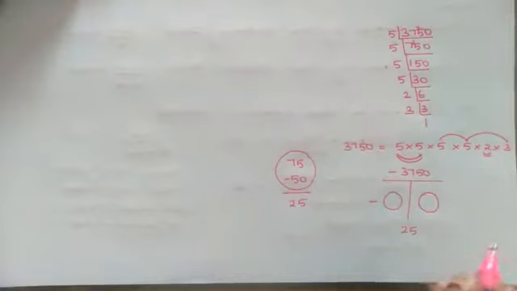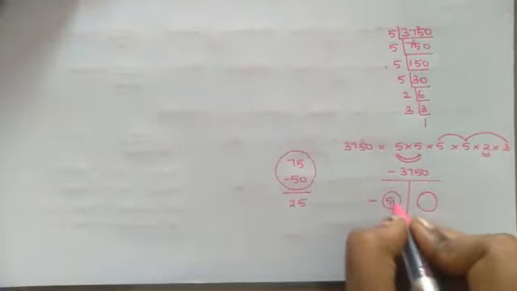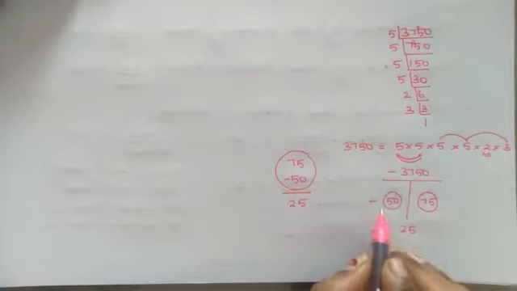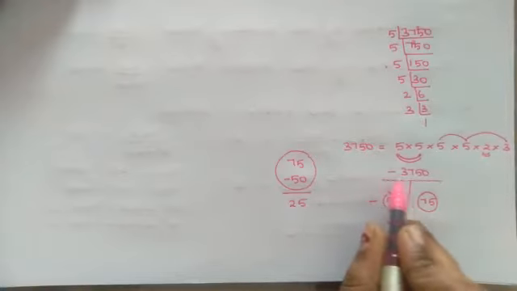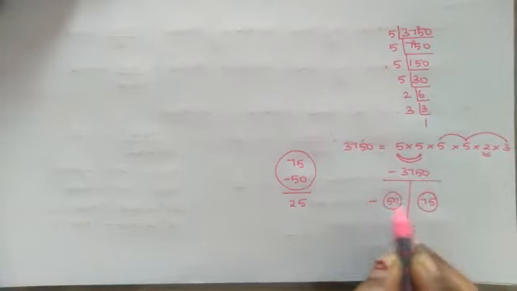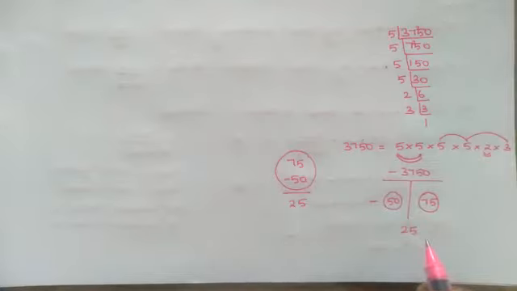So therefore it should be minus 50 and plus 75. Minus 50 into 75 is a product of minus 3750, and minus 50 plus 75 is a sum of 25. So we have identified two integers whose product is minus 3750 and sum is 25.